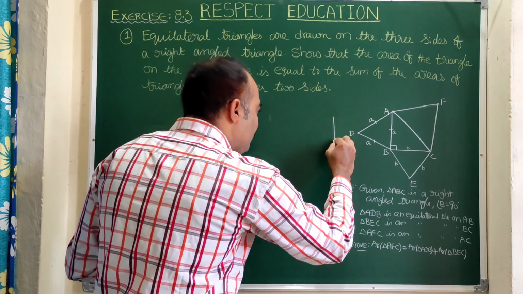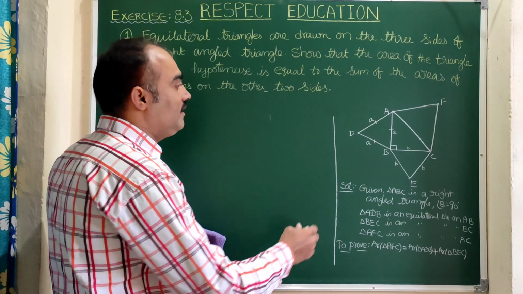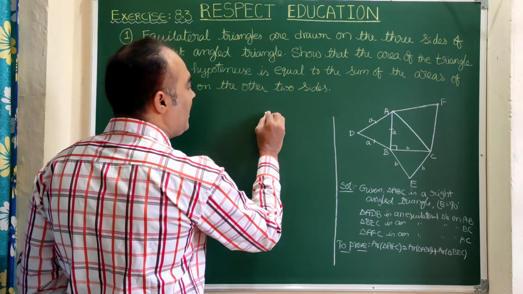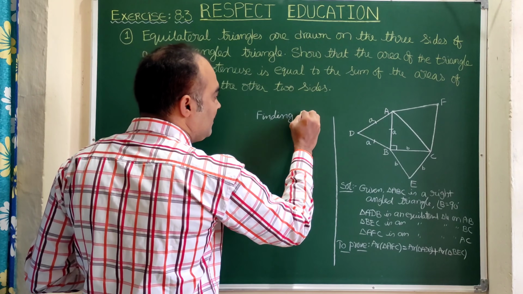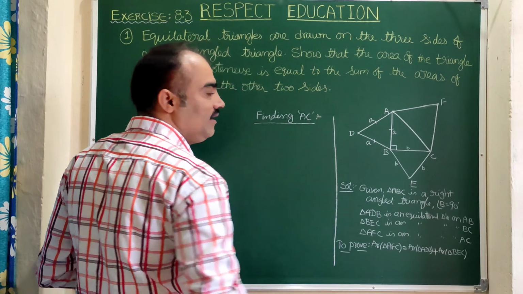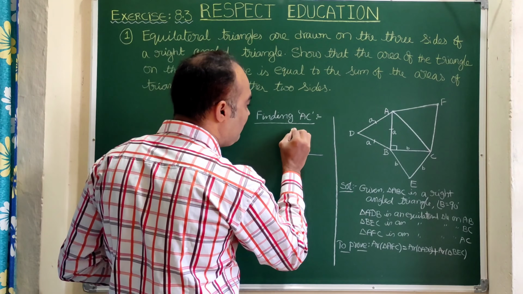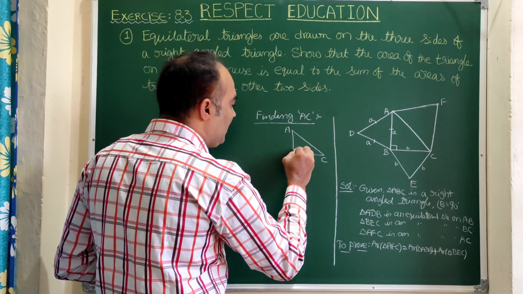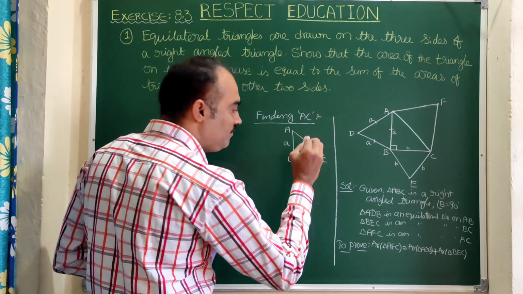Now let us come back. Here we are in need of side AC. First, finding the side AC. Since triangle ABC is a right-angled triangle at B, let us consider ABC again here, in which we have taken AB as small a, BC as small b.